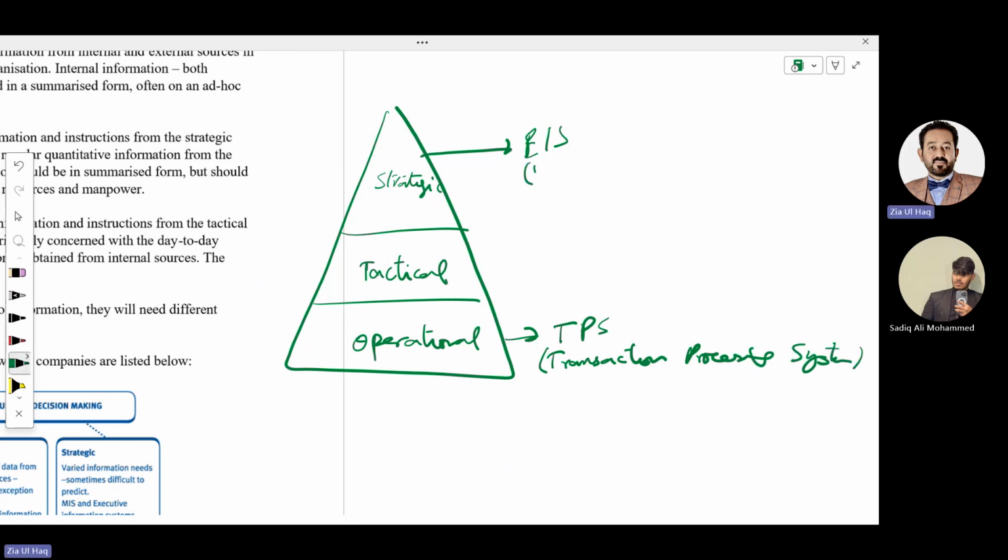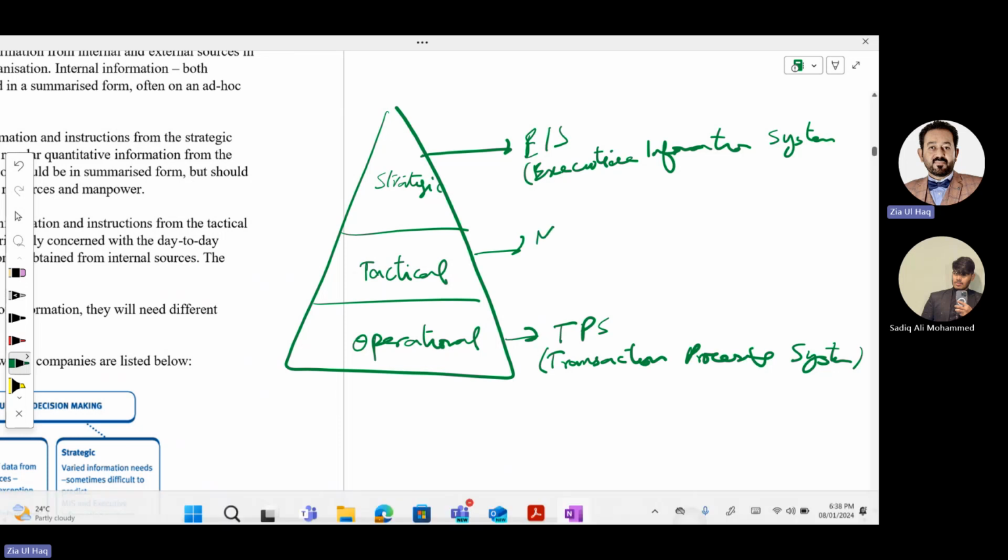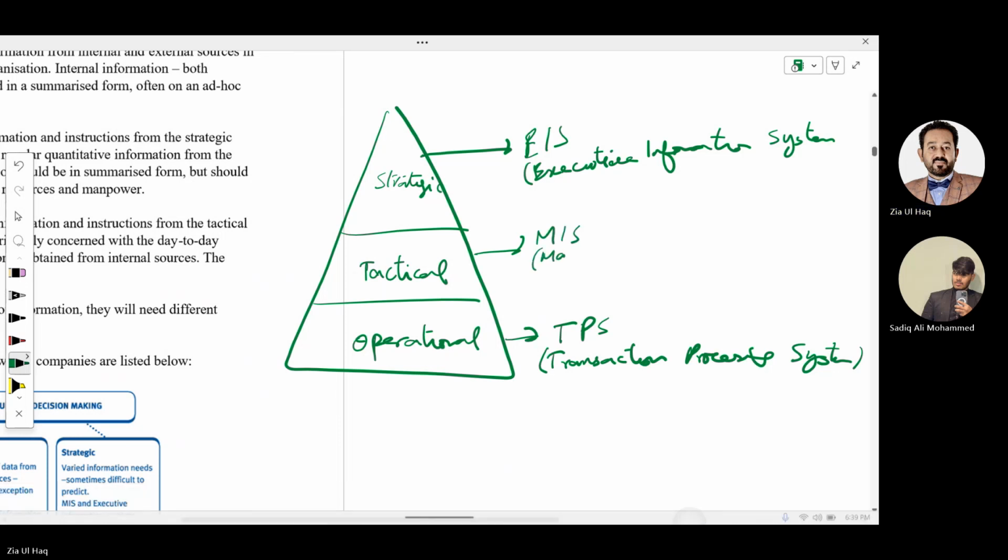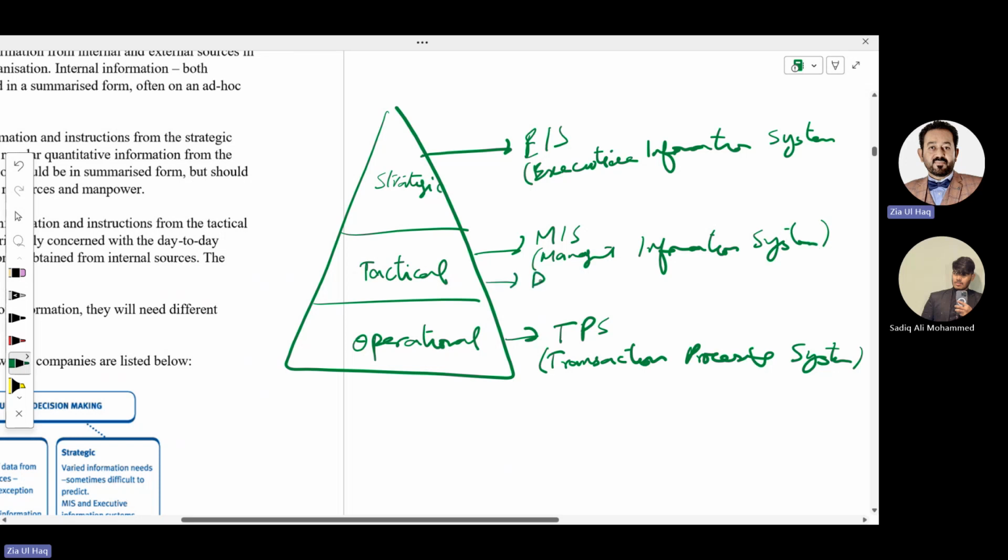While EIS stands for Executive Information System. And one system that is used at tactical level by managers will be called MIS, Management Information System. And another system that is used at tactical level by managers is called DSS, Decision Support System.